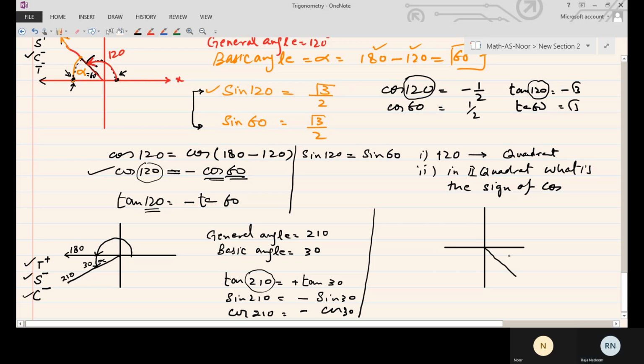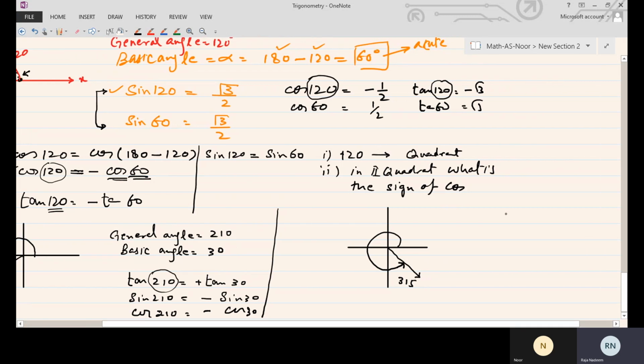Yes. Okay. If I consider one angle, 315 degrees, then I would write that the given angle is equal to 315.